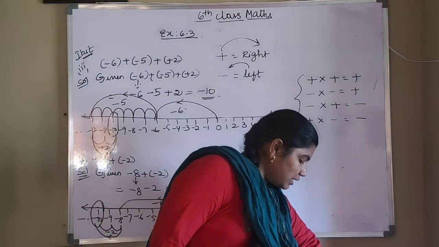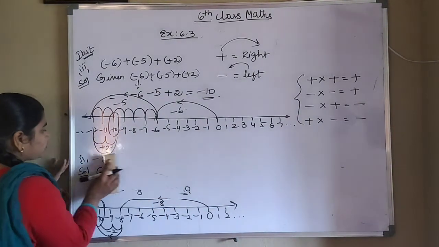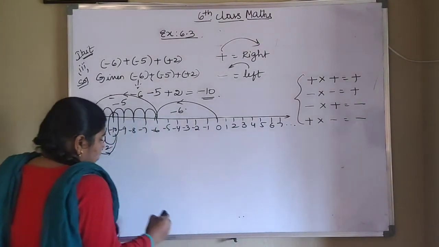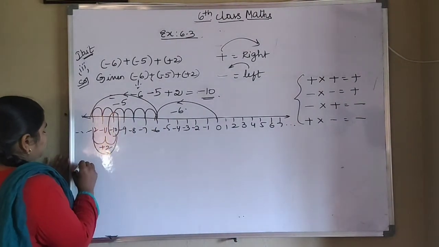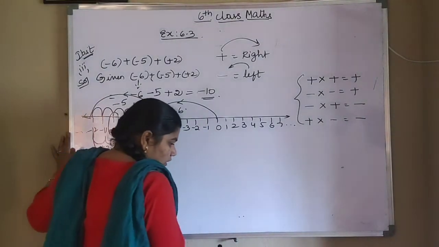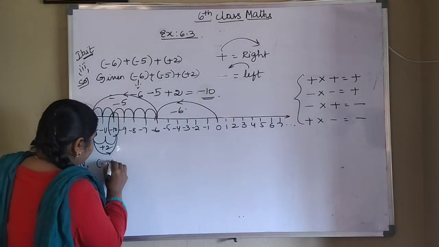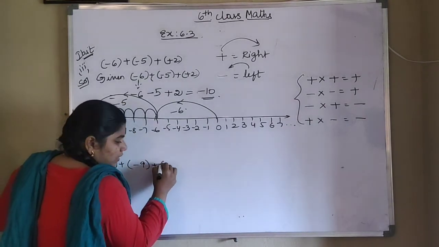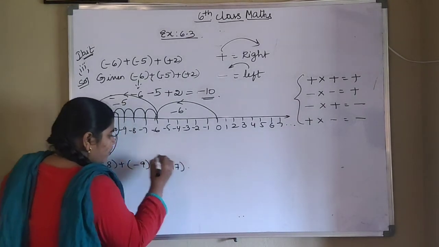So one more example I will tell you. Next week you try it as homework. So the fourth one, minus 8 plus of minus 9 plus of plus 17.